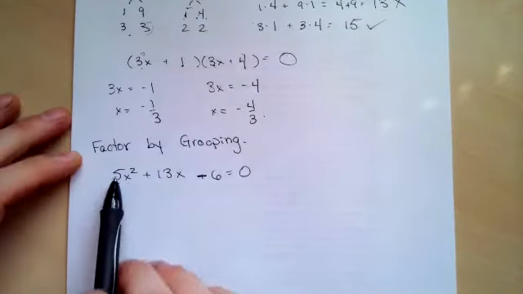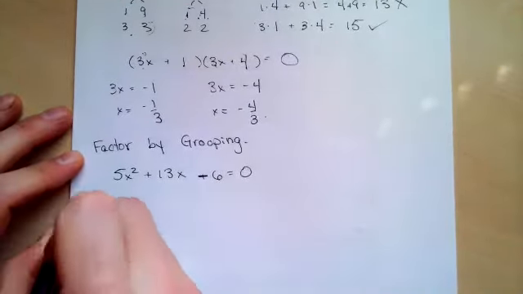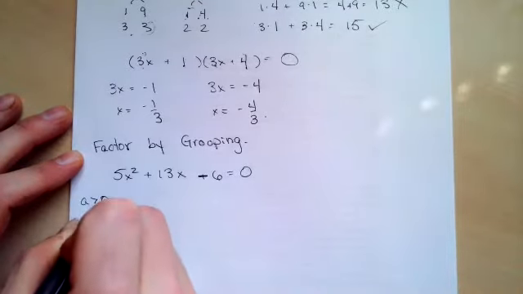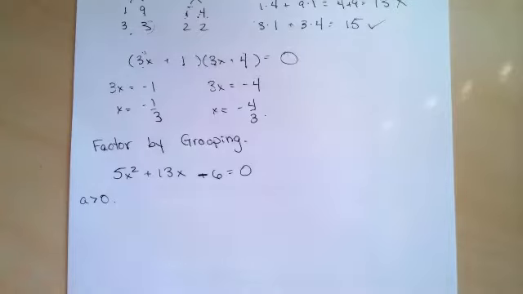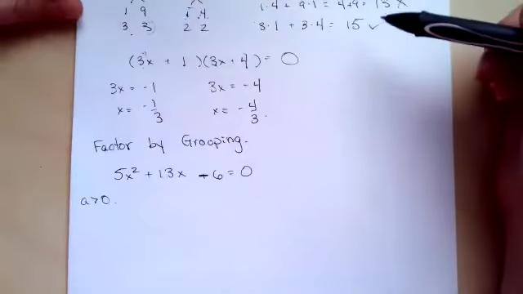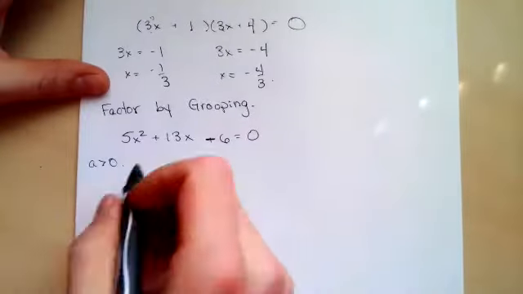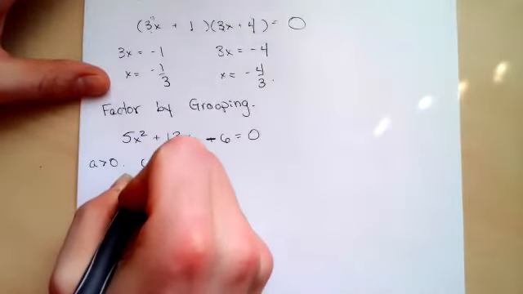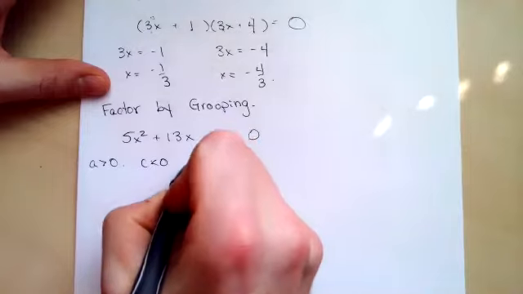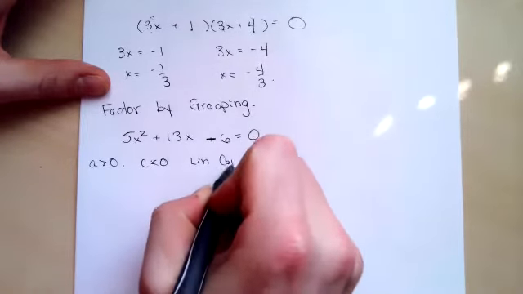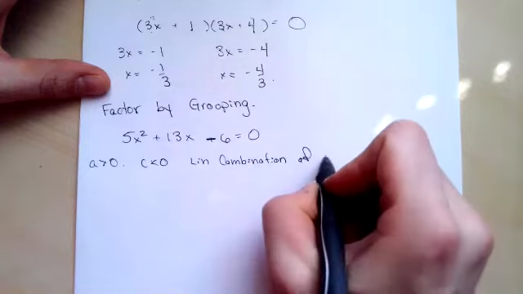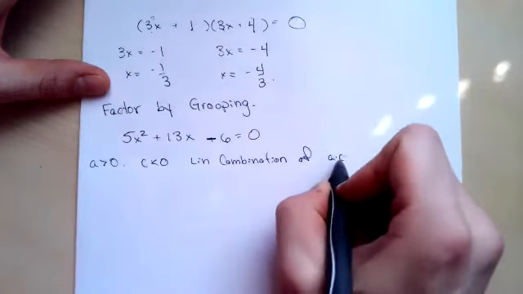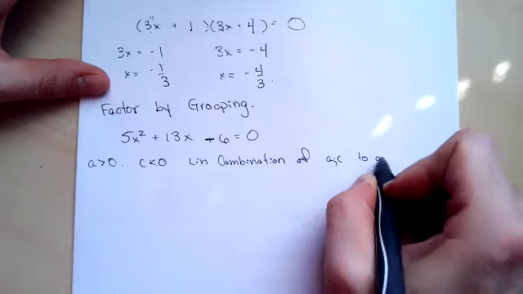So similar situation, our a term is not 1, but bigger than 0. And so we could redo the method we just did, but it can be a little tedious doing all the guessing and checking. What we're going to do instead now, so let's write down our c is less than 0. So linear combination of a and c to get b.